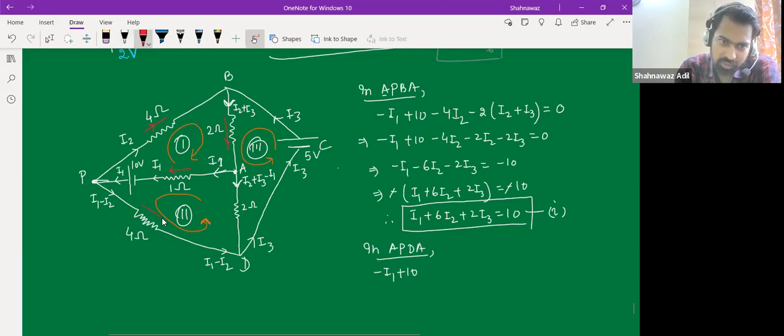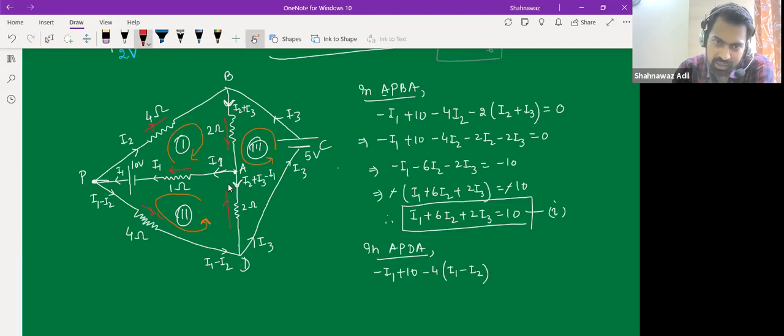And then we are coming. The loop is in this direction, right? And the current is in this direction. So what should be the voltage? Minus 4 and current is I1, so minus 4I1. This is the loop. Okay.